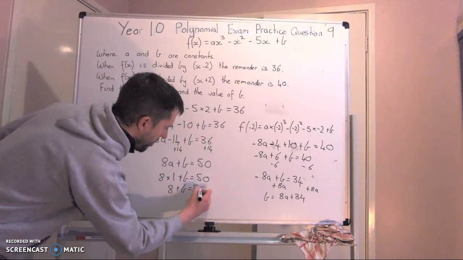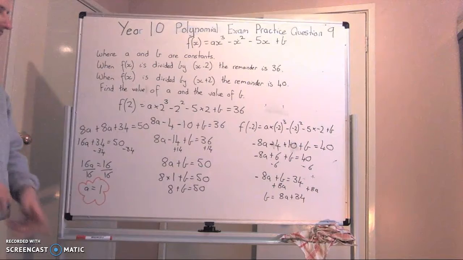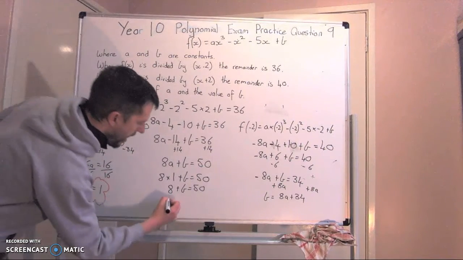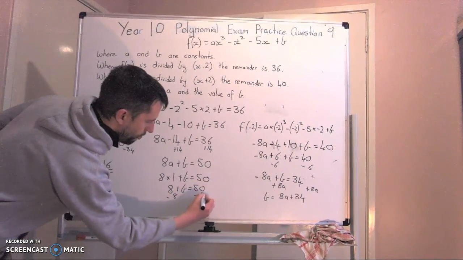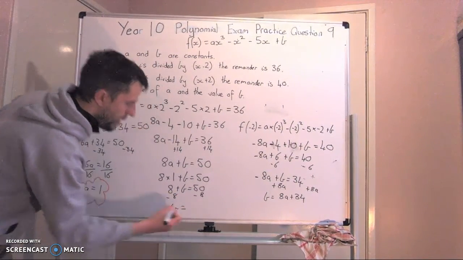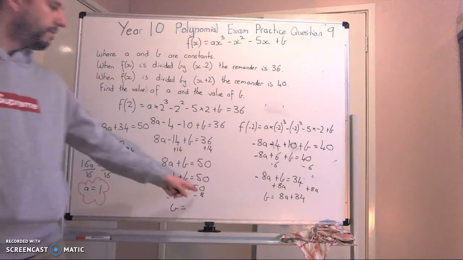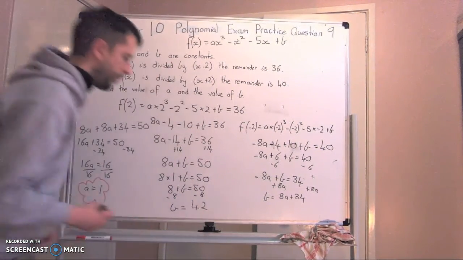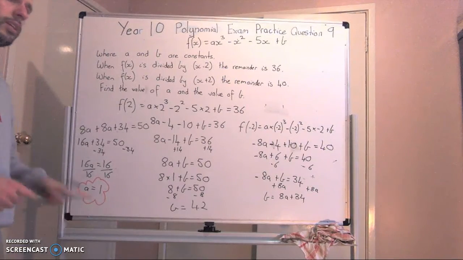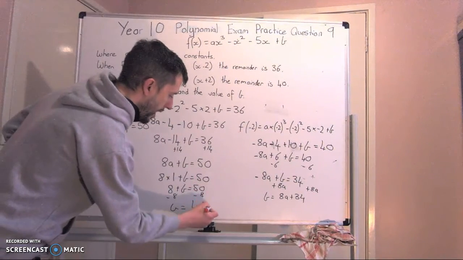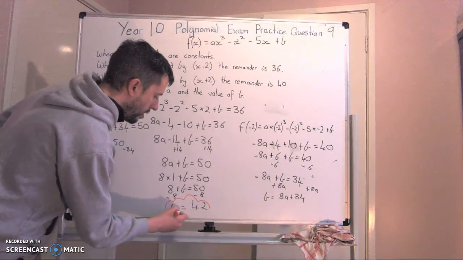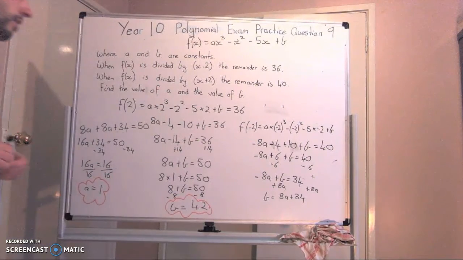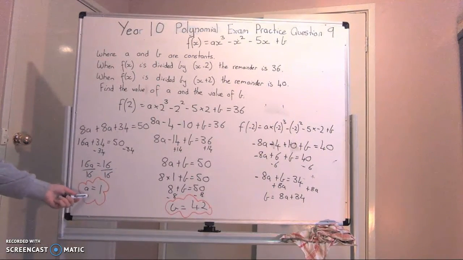So 8 plus b is 50. I need to take away 8 from both sides now, and that gives me b by itself. 50 take away 8 equals 42. So now we have our value for b. We got a is 1 and b is 42.